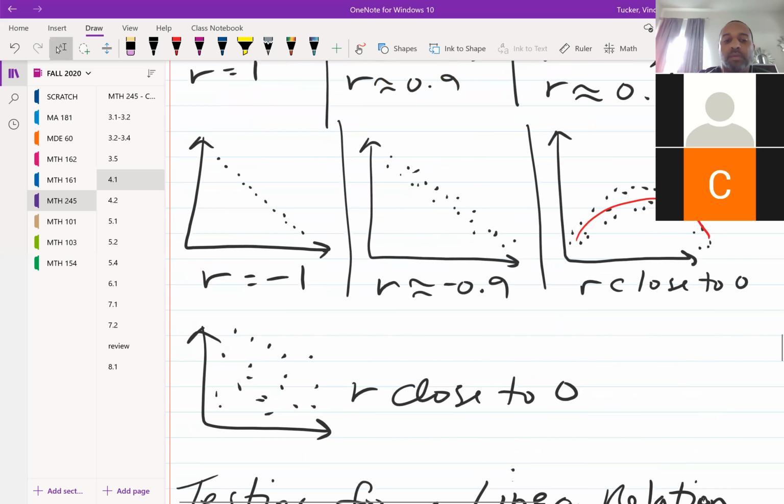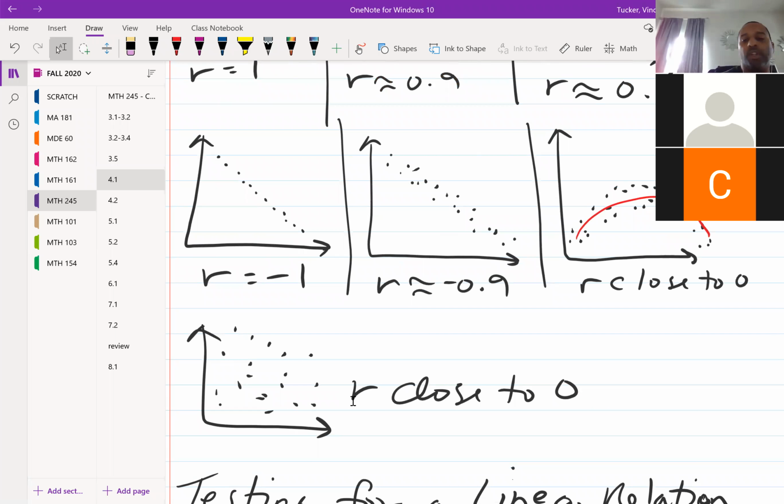All right, the last one has r close to 0 as well. No relation at all, and no linear relation will both be close to 0.